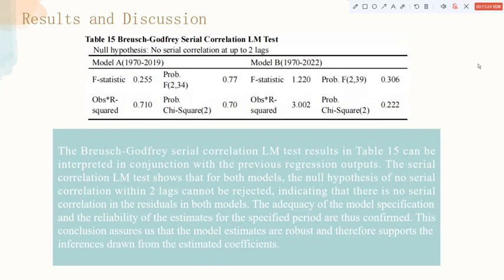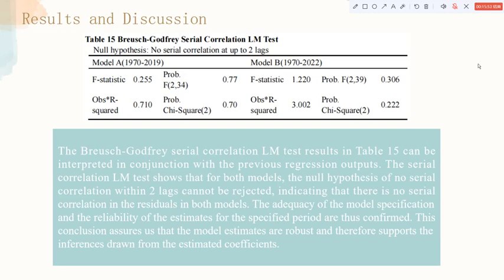The serial correlation LM test results in this table can be interpreted in conjunction with the previous regression outputs. The serial correlation LM test shows that for both models, the null hypothesis of no serial correlation within two lags cannot be rejected, indicating that there is no serial correlation in the residuals in both models.